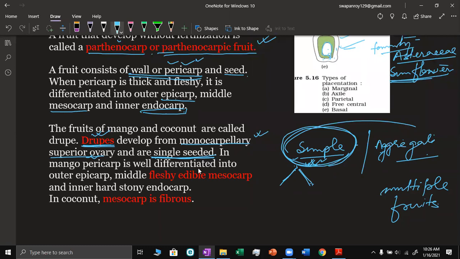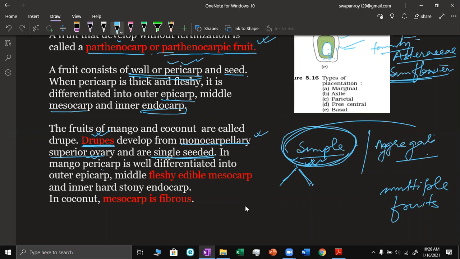And in the mango, what happened? In mango, what we peel is the epicarp, the fleshy portion that we eat is the mesocarp, and the endocarp is stony, very hard. That one we throw along with the seed.